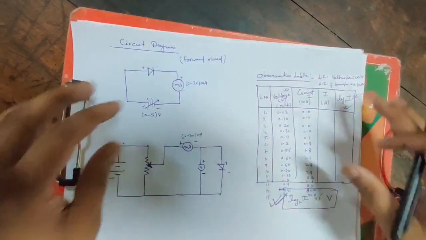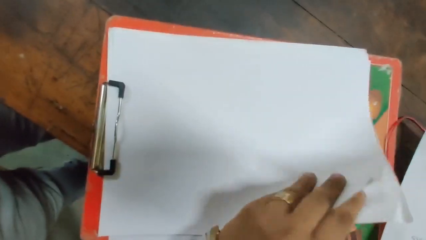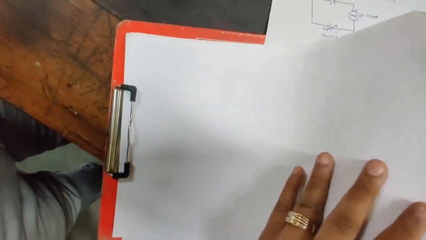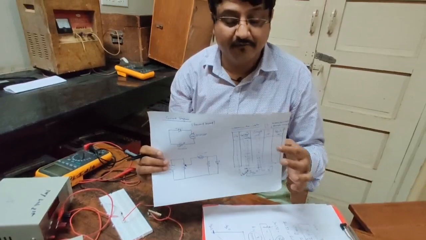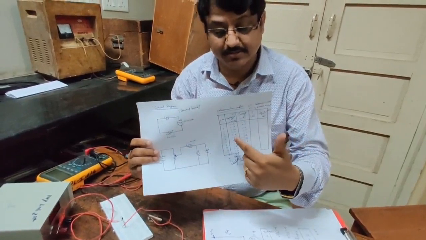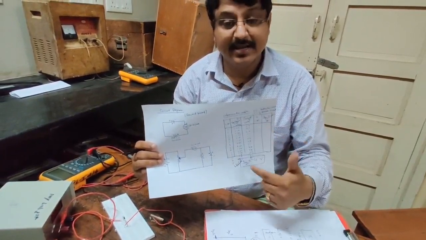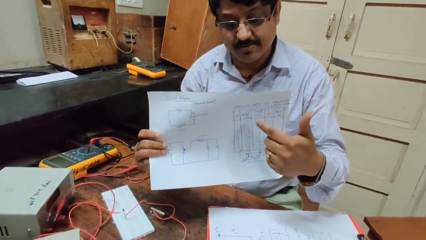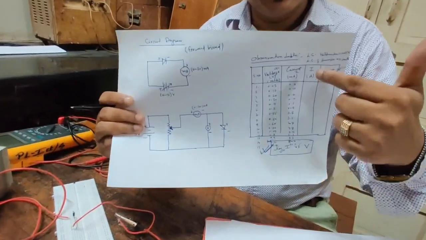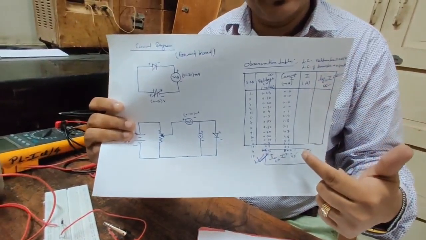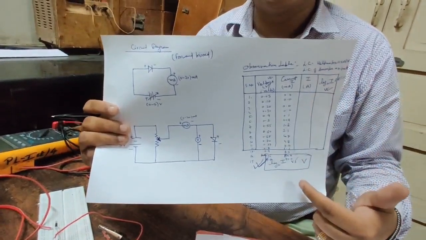Using this, in the next graph, the next point, using these points we have made this table. We have taken the voltage, and by that we have these currents.